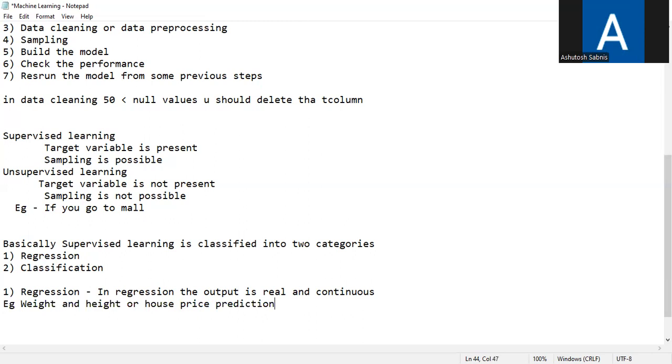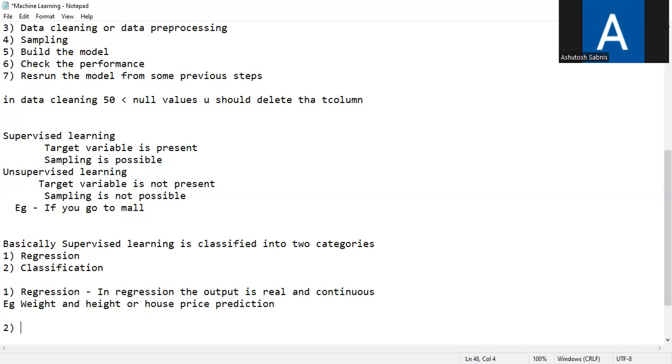The house price changes every day. Today the price of the house will be 50 lakhs, and after 2 years it will be 1 crore. It is not fixed; it may reduce or it may gain. So this is regression: the values are not fixed, they change continuously. I hope you understand the concept.